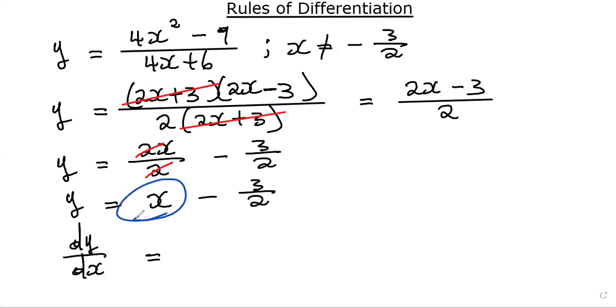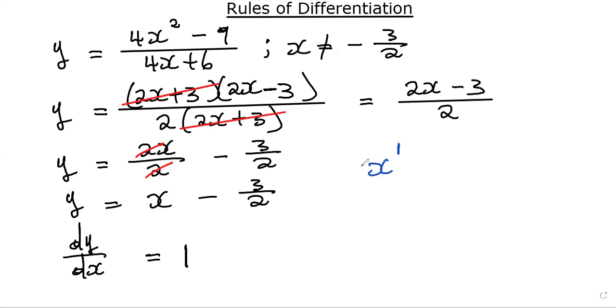You come to this function, you understand that the coefficient of x is 1. It means the derivative will just be 1. Or if you like, you could have said, well, in order for me to differentiate x, I understand that the exponent is 1.